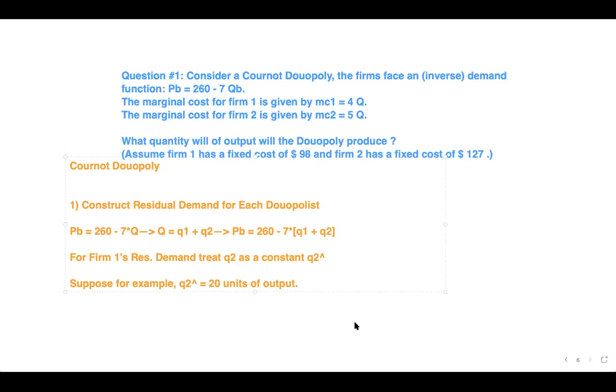Okay. So if we thought that the other player was producing 20 units, then look at what happens to our demand curve, right? If I let Q2 be fixed, then I can, hopefully this makes sense with me, Joshua.